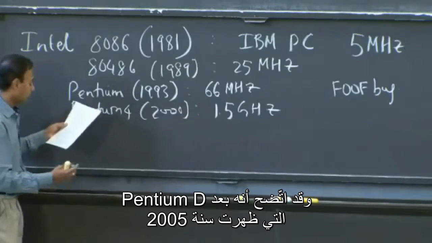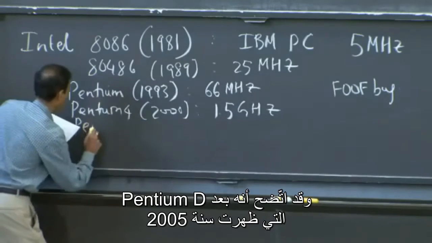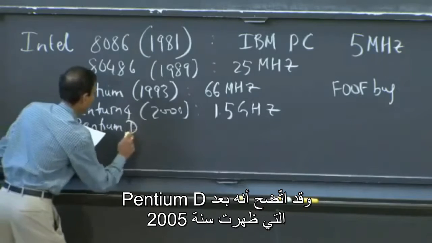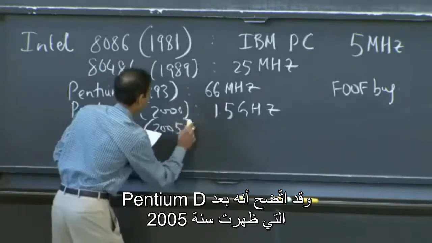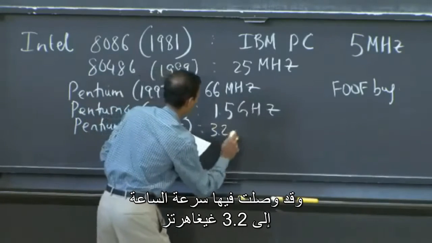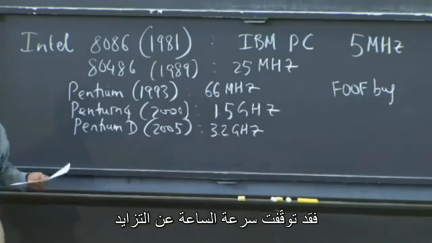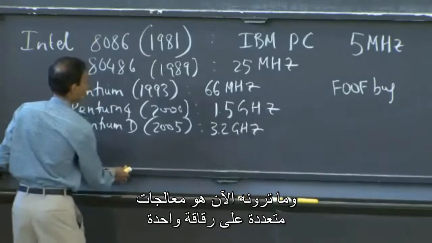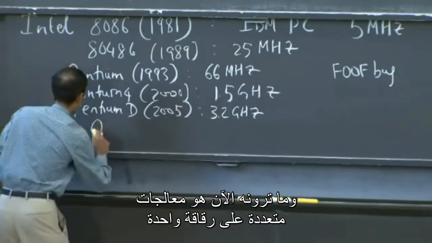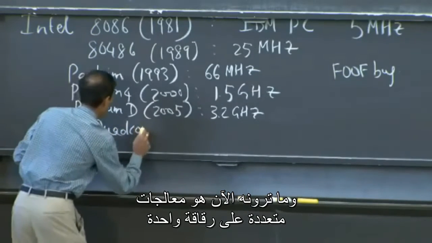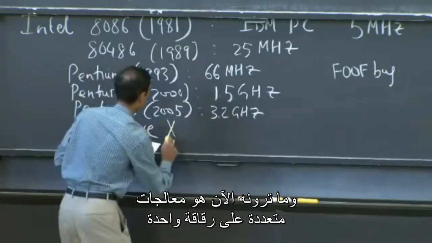As it turns out, after the Pentium D, which came out in 2005, where the clock speed peaked at about 3.2 gigahertz, clock frequency stopped increasing. And what you see now are things that correspond to multiple processors on a chip.